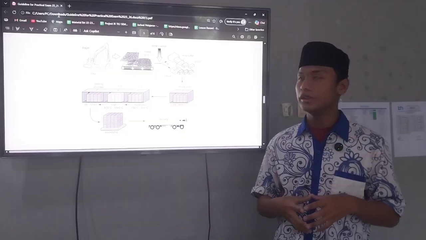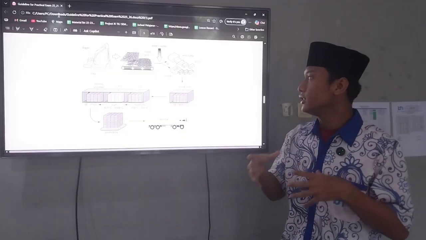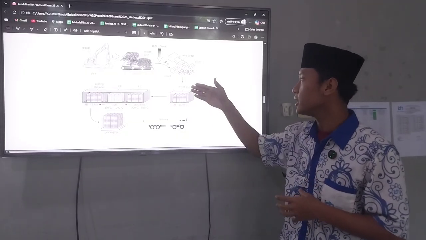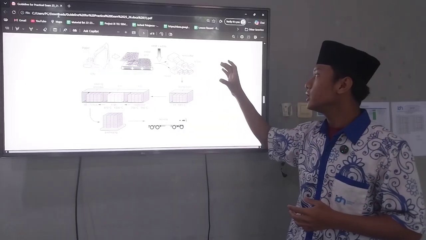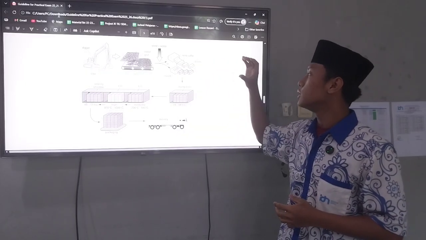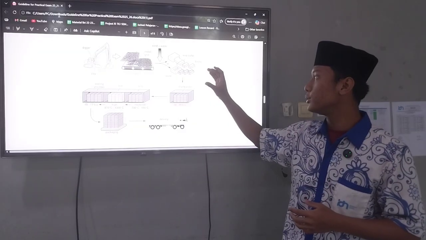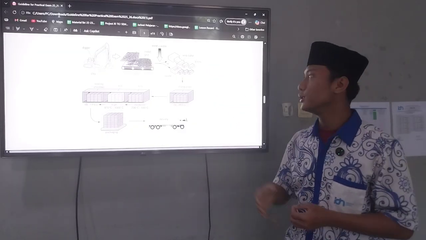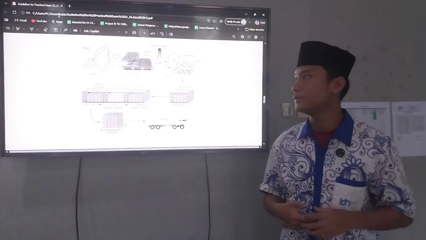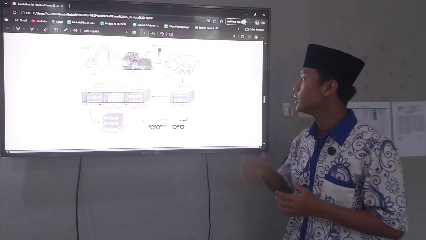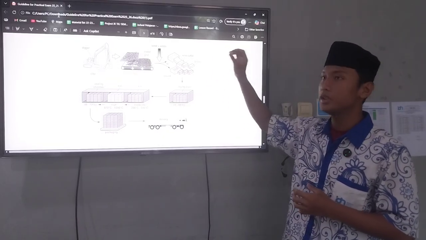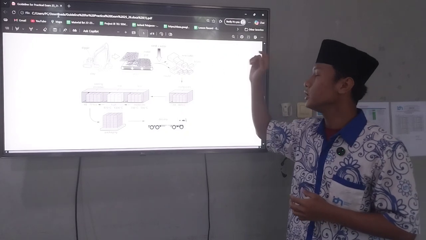Okay. So the next step is that there are two types of how the brick shape can be formed. The first type of brick is using a wire cutter.